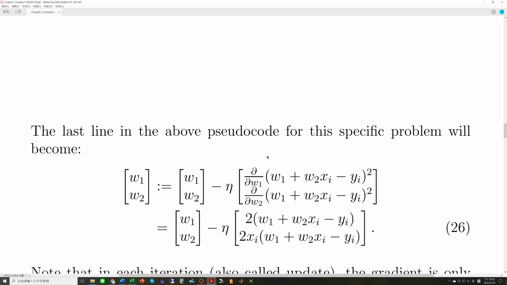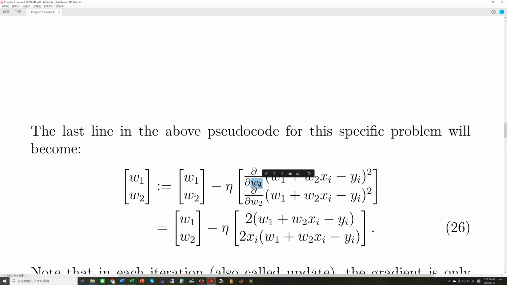According to the chain rule, this is of the form x squared, and the derivative of x squared is 2x. Then we need to find the derivative of the inner term with respect to w1.